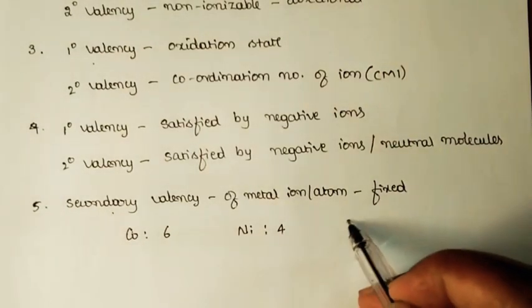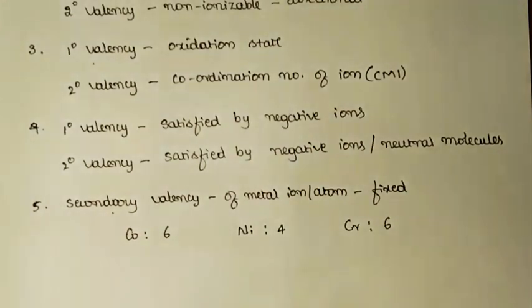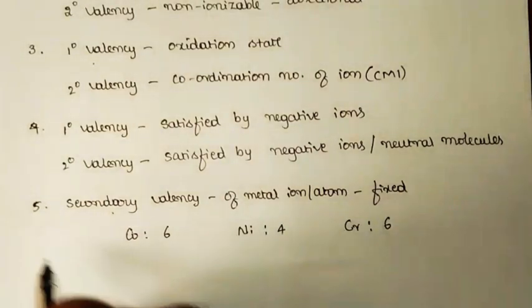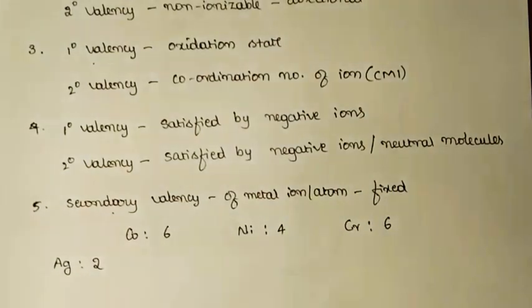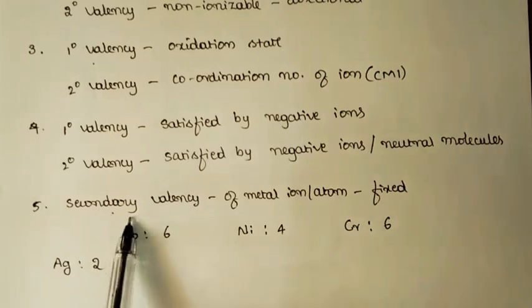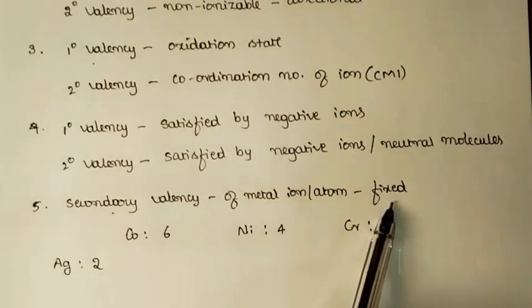And if you go with the central metal ion chromium, its coordination number is fixed, that is 6. And if you go with the central metal ion Ag, its coordination number is always fixed, that is 2. Like this, the secondary valency of each and every central metal ion is always fixed.